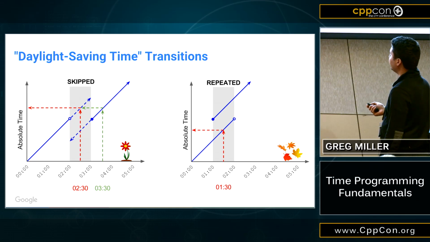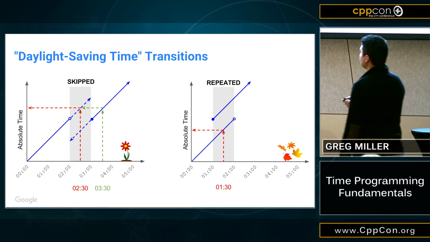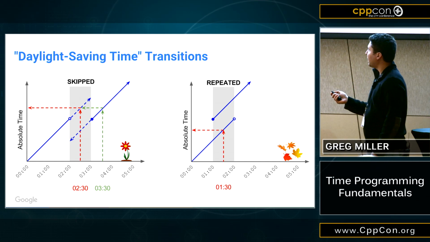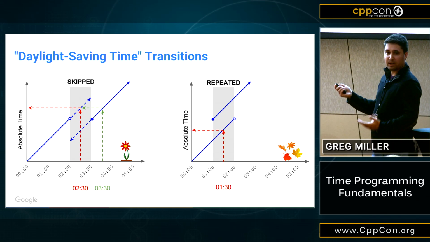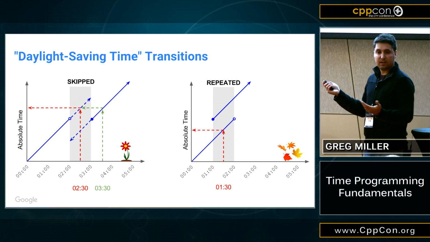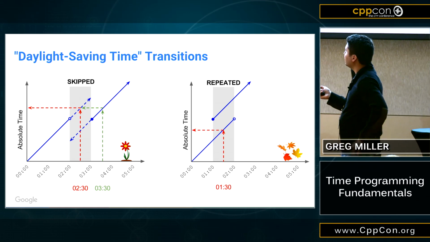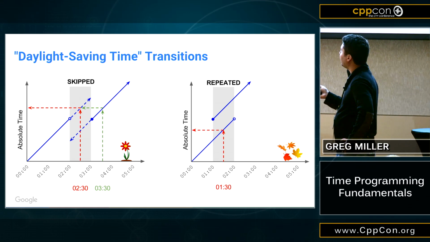This vertical axis is absolute time. This horizontal axis is the civil times, like 1 a.m., 2 a.m., 3 a.m., 4 a.m., etc. In the case of spring, let's say it's America, Los Angeles, we skip the 2 o'clock hour.